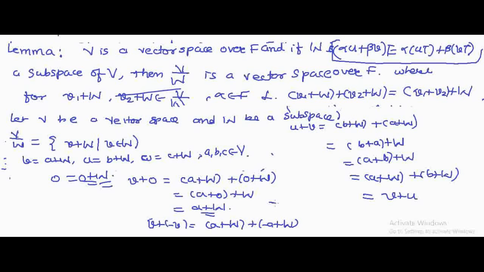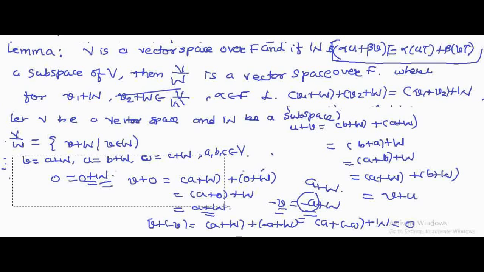What is -v? -v is -a + W. Then this is equal to (a + (-a)) + W equal to 0, and therefore this element -v, that is -a + W, is the inverse of a + W. All the properties of abelian group are satisfied, and therefore this set V by W is an abelian group.